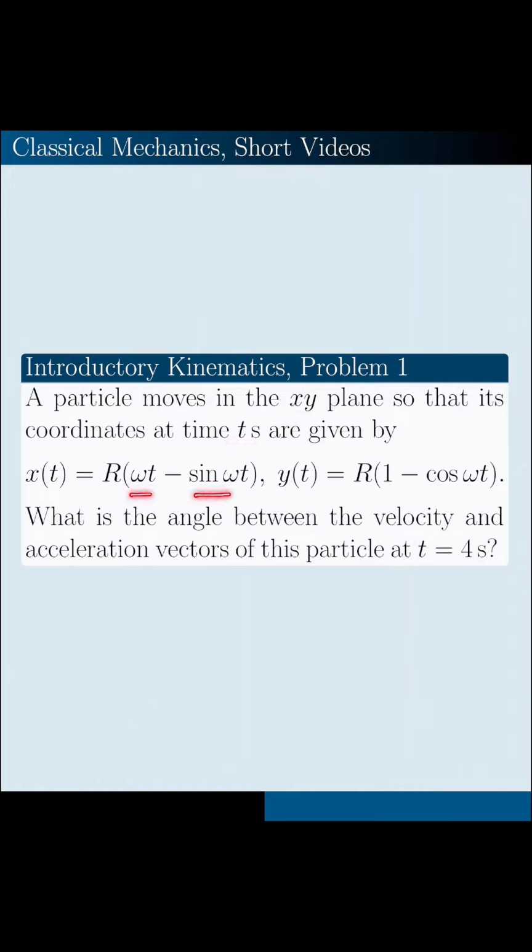and I add them up. And now the norm of this vector is just r omega times the square root of the first component squared plus the second component squared, multiplied by the norm of this vector, which is that constant omega, and then I have the square root of the first component squared, sine squared omega t, plus the second component squared, cosine squared omega t.